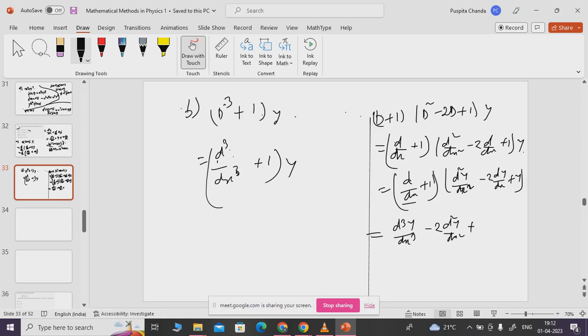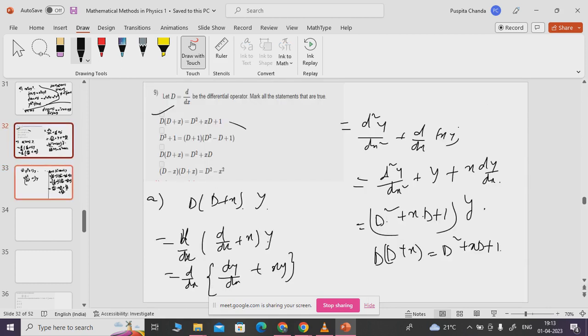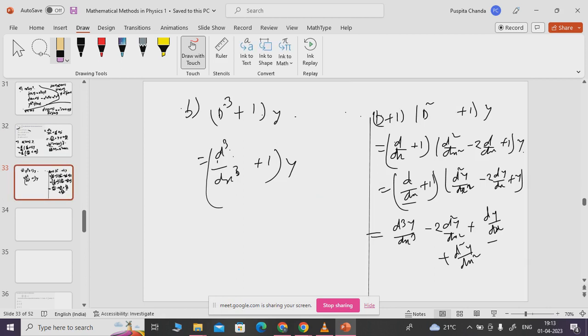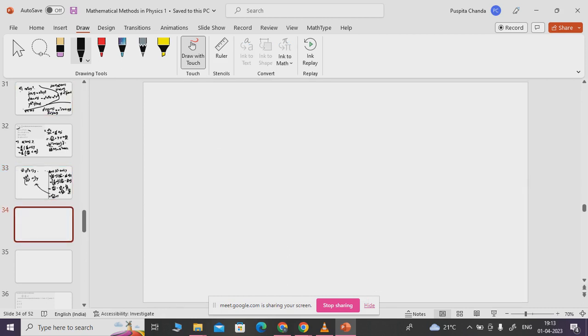Now we will operate this one by one. d cube y by dx cube minus 2 into d square y by dx square plus dy by dx, plus d square y by dx square minus dy by dx plus y, which will give us d cube y by dx cube plus y, which is equal to this. So B is true.